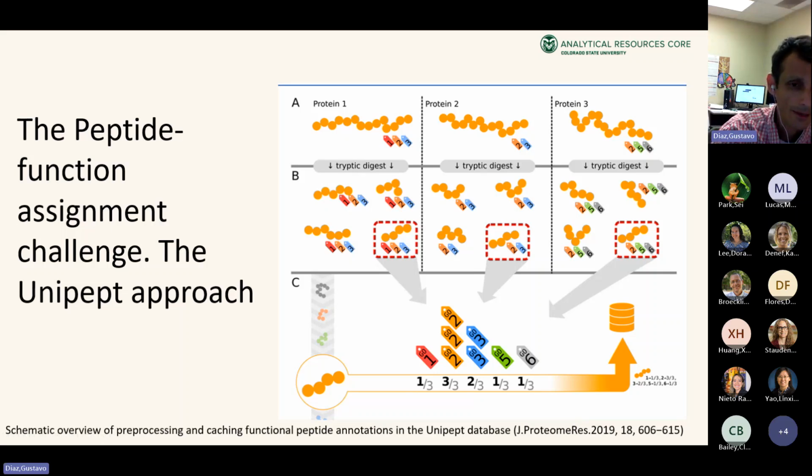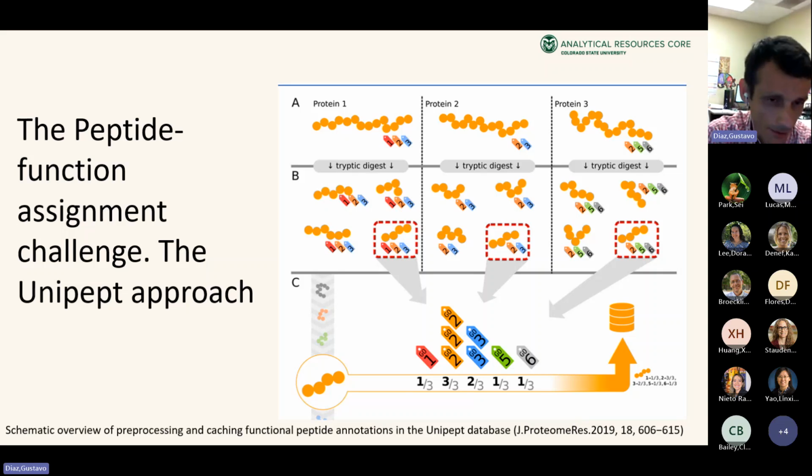So again, what they do to streamline this process is to use all available tryptic peptides in UniProt in order to generate a pre-assignment of peptides to biological functions, and also to enzyme commission, the EC numbers.